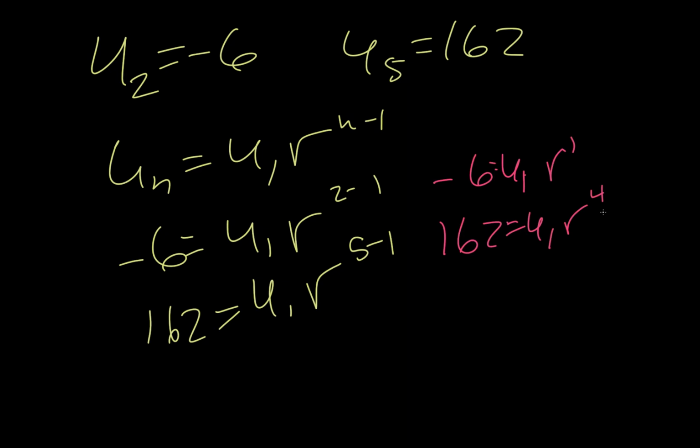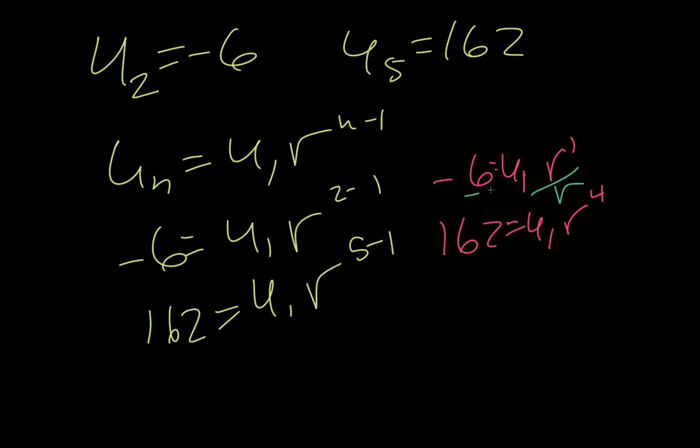What we need to do is solve for one of those pieces in each of them. So I'm going to solve for u_1. So I just divide both of these by the r.